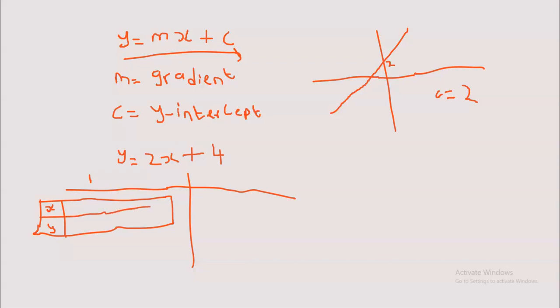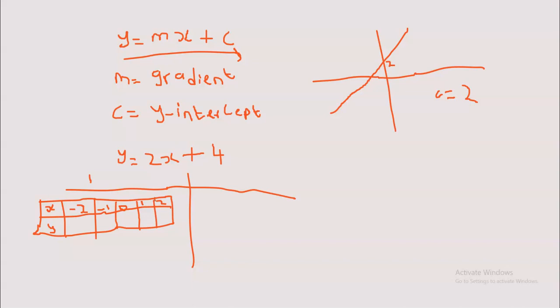So for this table, we can start from -2 as our x values. Then let's have -1, and then 0, then 1, and also 2 as your x values. Those are your x values now.